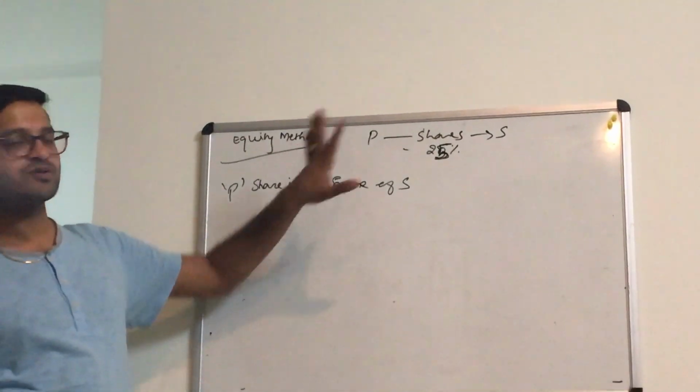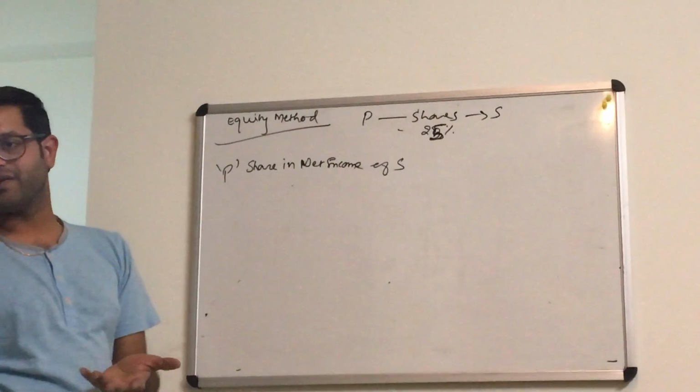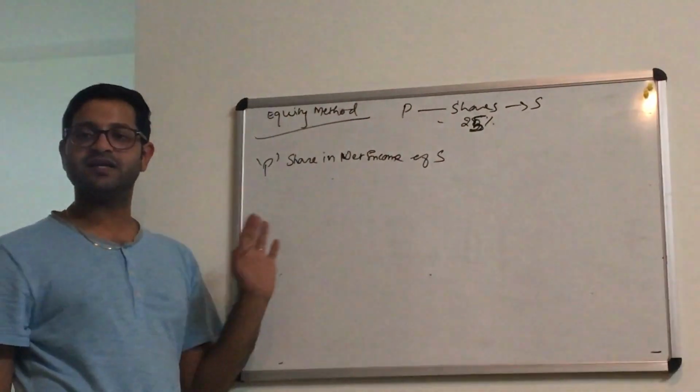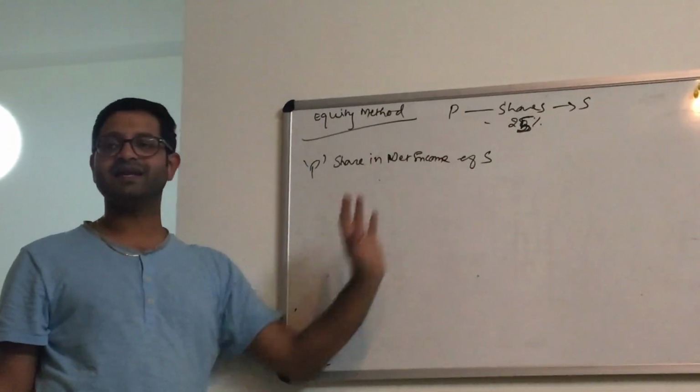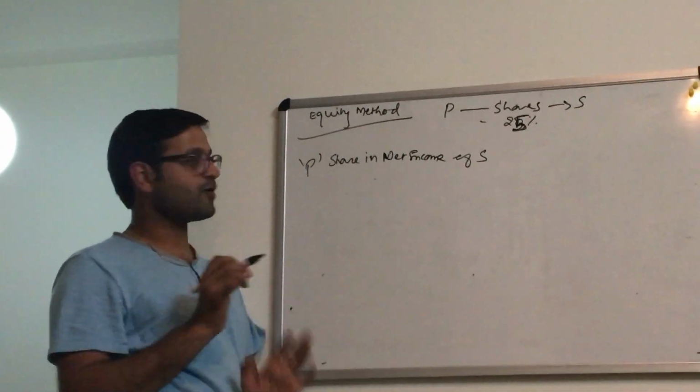All this equity method is only for the purchaser, because they have made the investment. So P has made that investment. P's share in net income of S has to be accounted for.